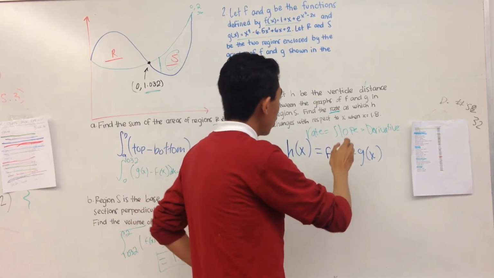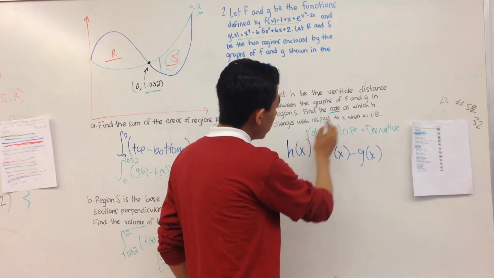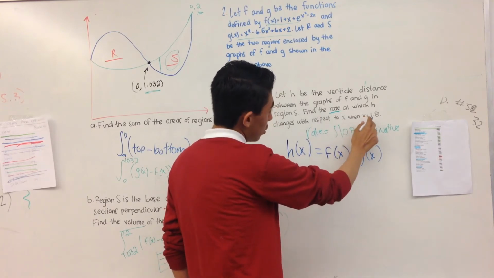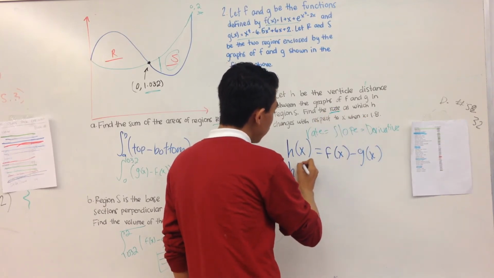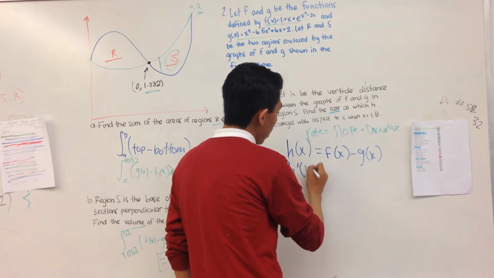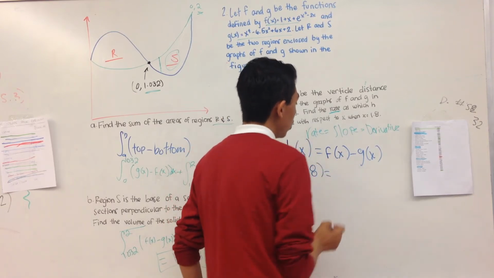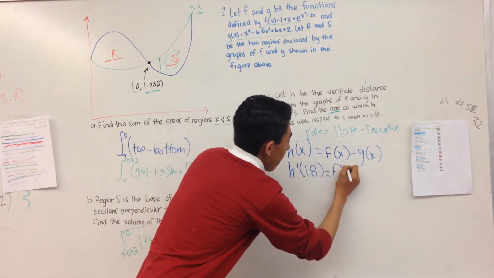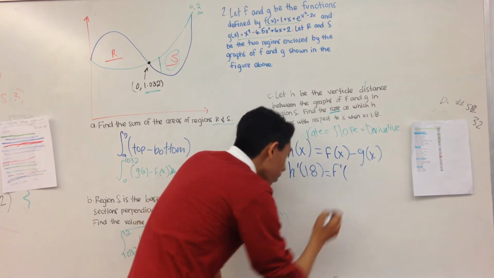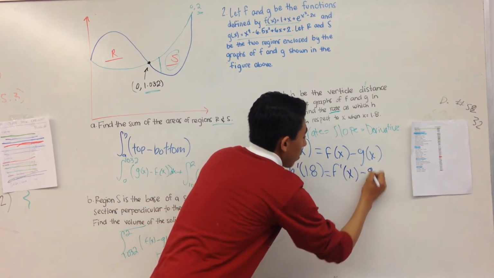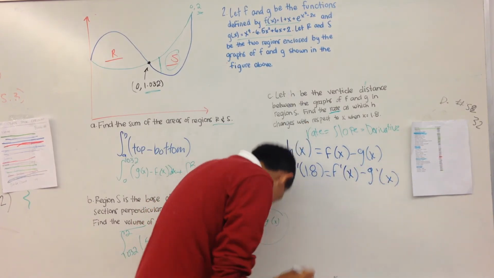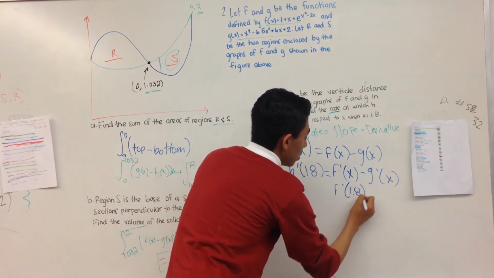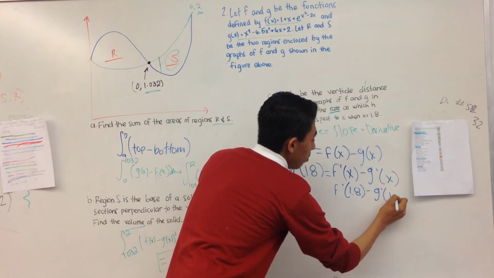After that, since it's asking for the rate at x equals 1.8, you need to find the derivative at 1.8. So all you have to do is plug in for that, and that would give you f prime of 1.8 minus g prime of 1.8.